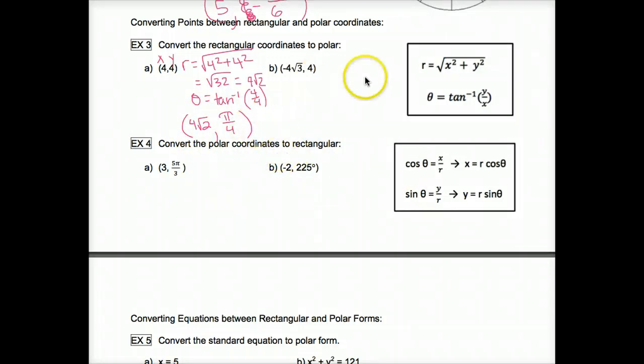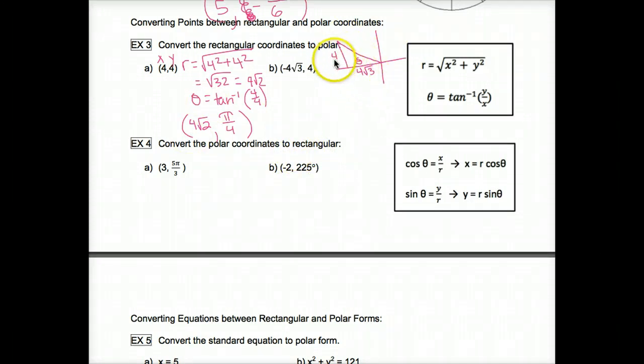The other way that you can do it is to just draw it as it would be in the rectangular coordinate plane and use that to help you figure out the radius and the theta. So if I drew it this way, this is the y, this is the x, and this is my theta. I can typically recognize whether I have a 30-60-90 or a 45-45-90 triangle, which we don't always have, but if we do, they're pretty easy to recognize.